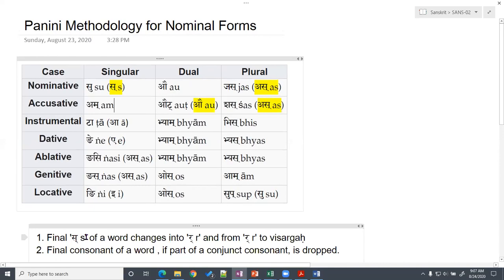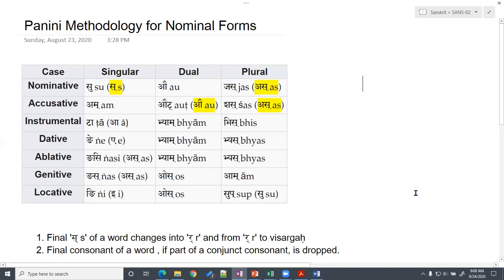So final sakara of a word changes into refa, and from refa to visarga. So for example, if you know, we had Rama plus sa, this sakara here, that will be the nominal form. So how will it happen?